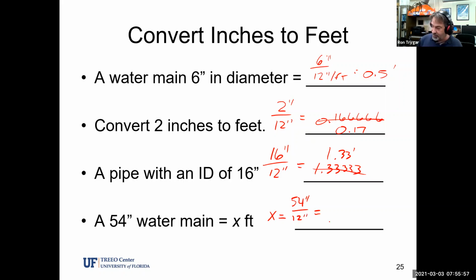So 54 divided by 12, I get 4.5 feet. So X equals 4.5. That's how we do the conversion from inches into feet. Pay attention to that. You will need to know this, and it will be very important in some of these calculations.